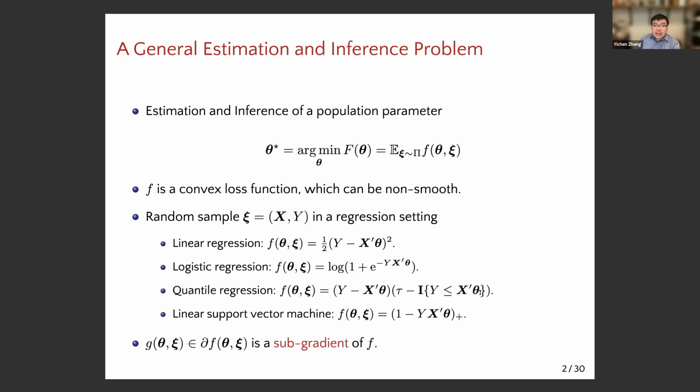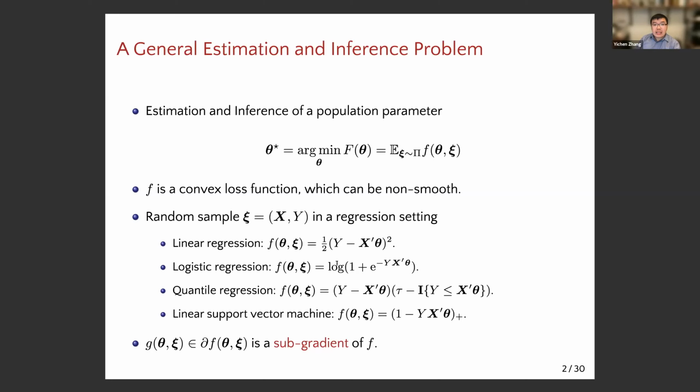Because of the indicator function here, the loss function could have non-smoothness. So in this framework the loss function could be non-smooth, and we denote G(theta, psi) to be a subgradient of f in the non-smooth setting.